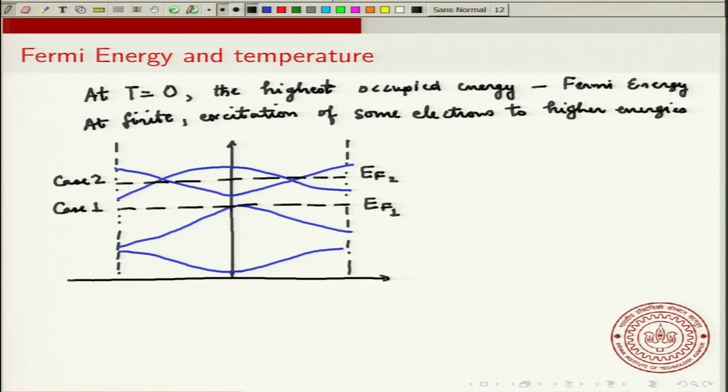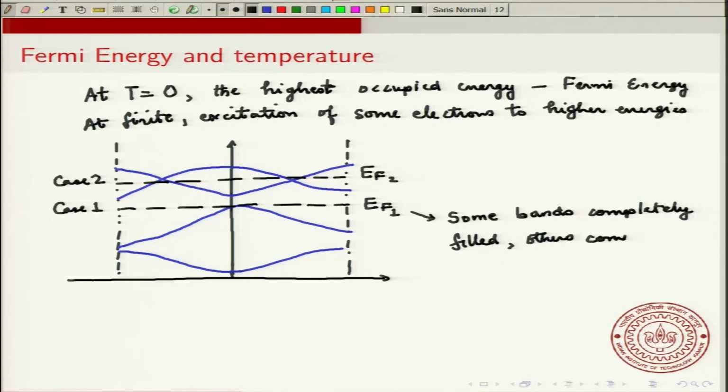In the first case, you have some bands completely filled and others completely empty.